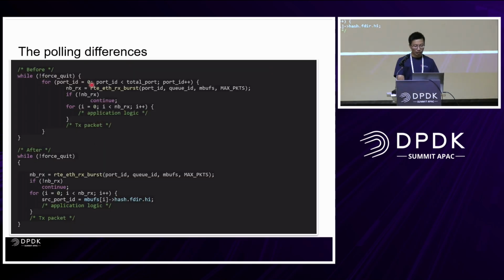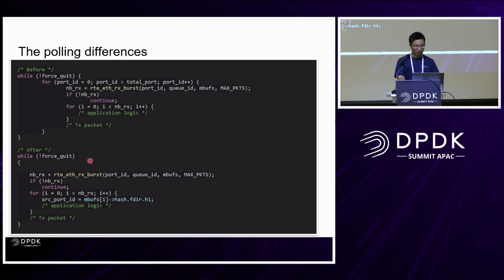Then the polling code will also be different. Before the optimization, we needed to have this while loop over all the ports to call rx burst and then handle the application logic.